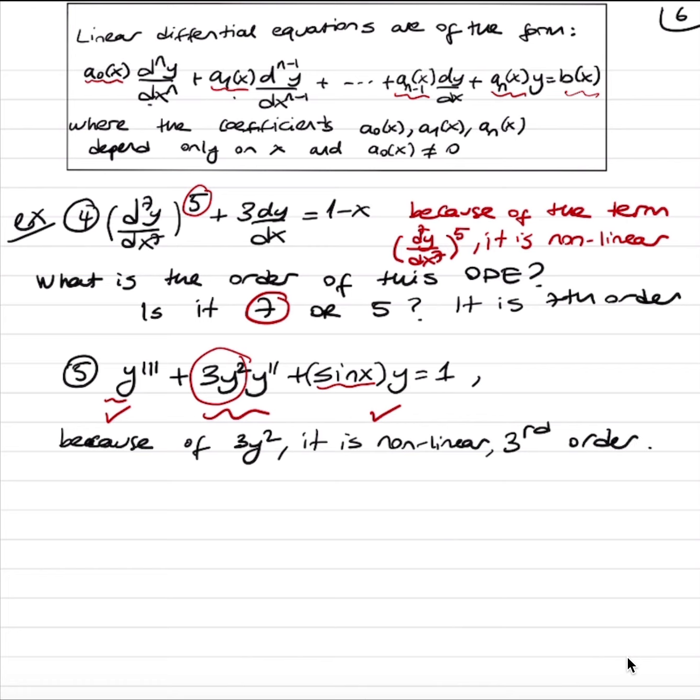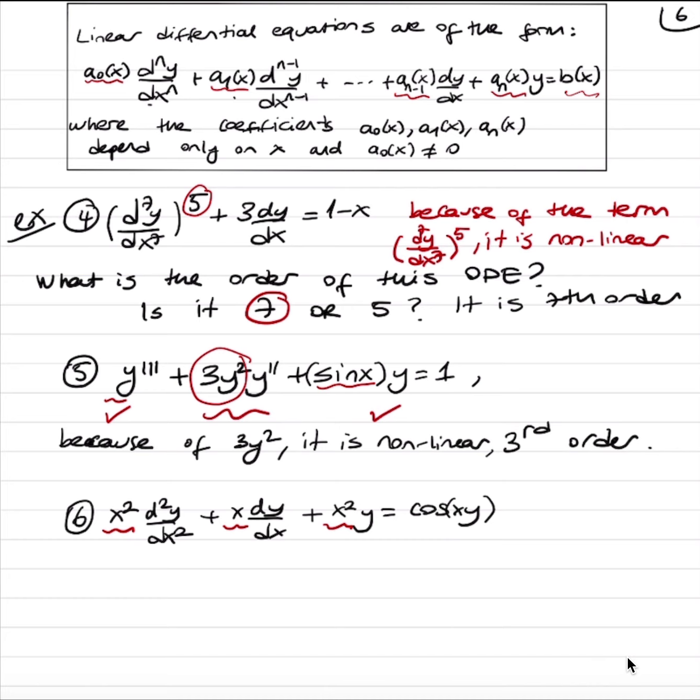Okay. Let's give another example. Let's look at this one: x squared d squared y over dx squared plus x dy over dx plus x squared y is equal to cosine xy. Here we have the coefficient x squared, the coefficient x, the coefficient x squared. They depend only on x.